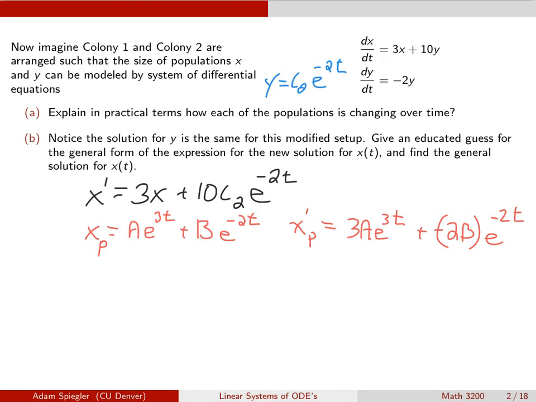So what we want is x prime should equal 3x plus 10y. So now I've got my x prime, which is 3a e to the 3t minus 2b e to the minus 2t, and that should equal 3 times x. So I'm going to multiply 3 times my original guess.